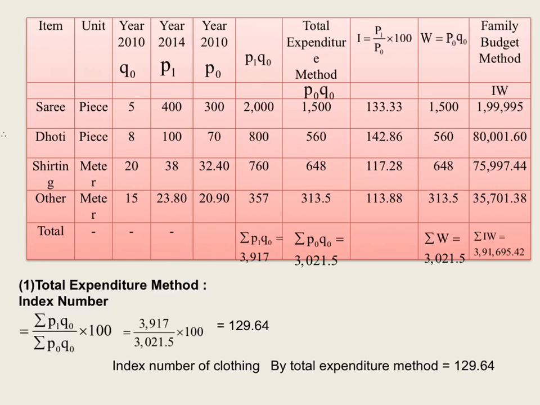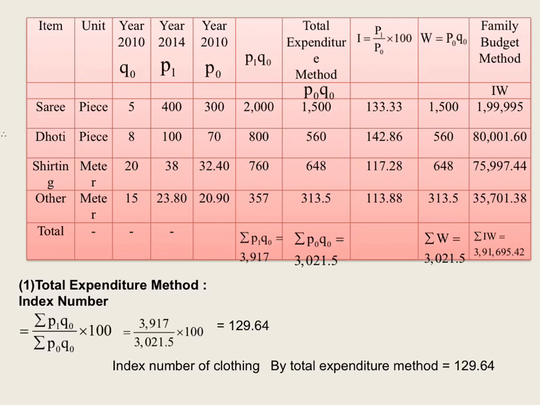We make one table for both methods. First column is item, second column is unit, third column is Q0, the quantity of the base year, which is given in the question. Then a column for P1, the price of 2014, the current year price. Then the 2010 price, that is P0.